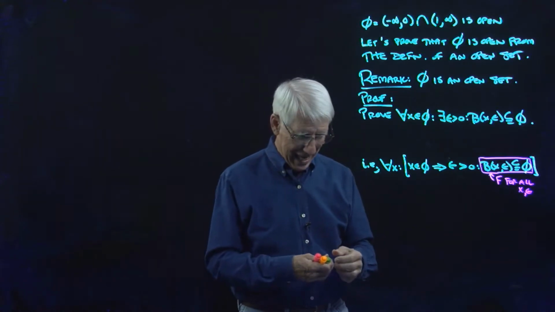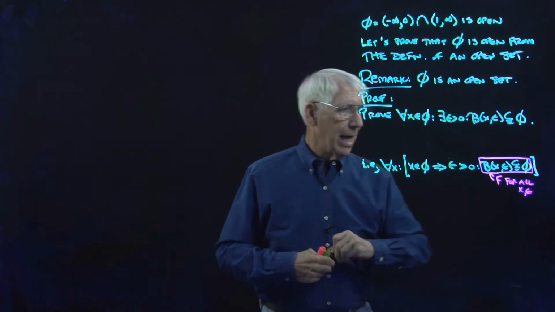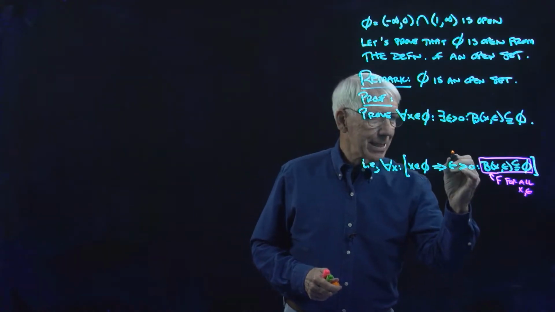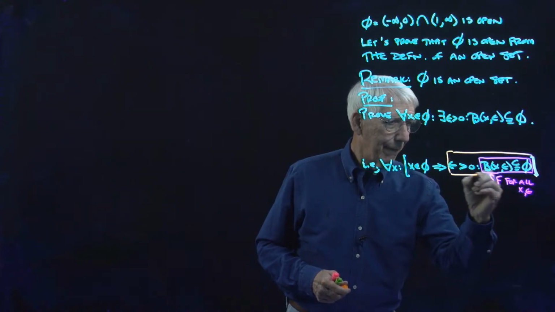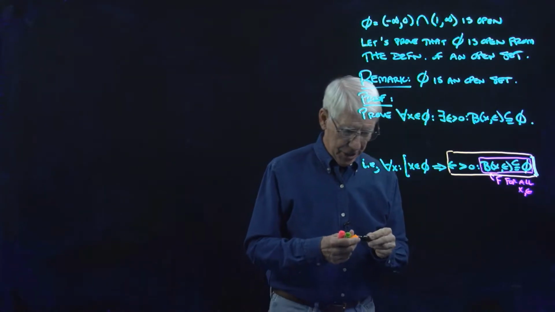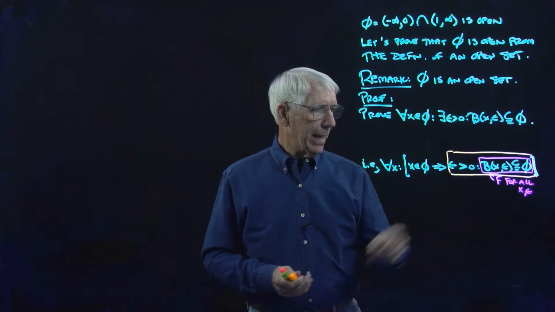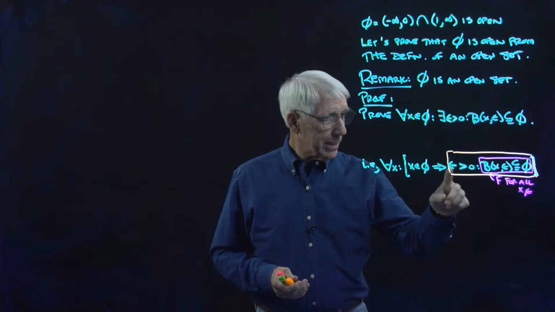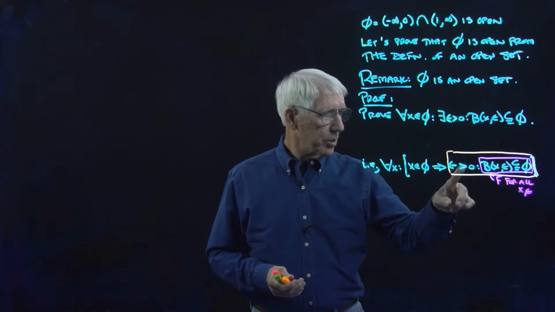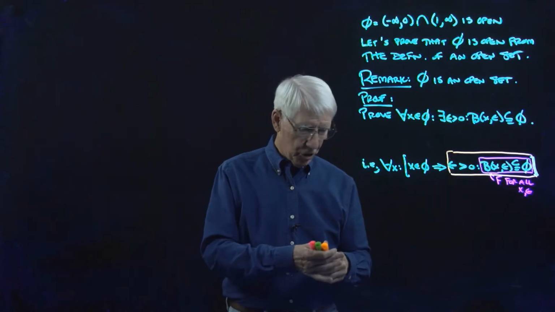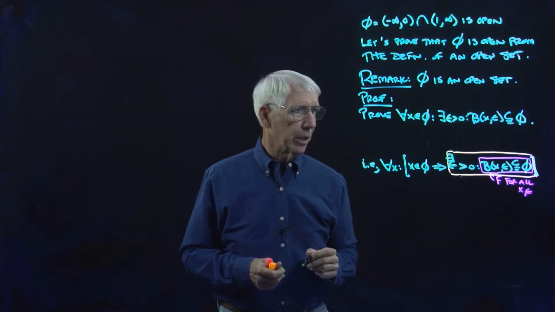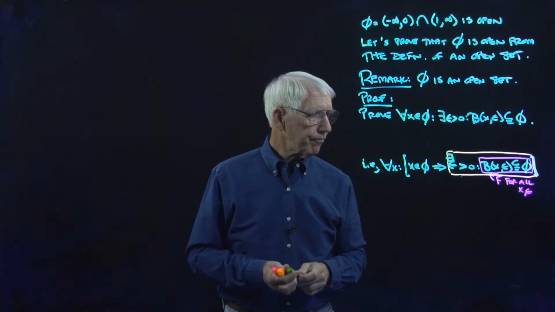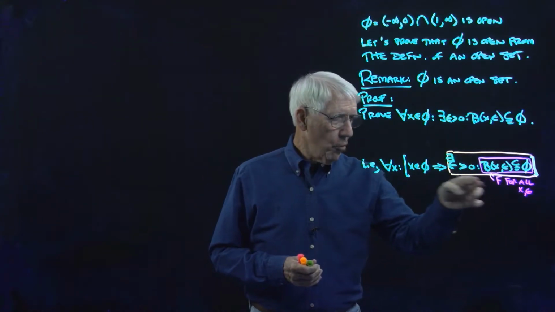Okay, so let's note that this is an open statement, but the only variable, well, I take it back. This is an open statement in which both, whoa, there should have been an existence here. There should be exists an epsilon greater than 0. And so this is an open statement.